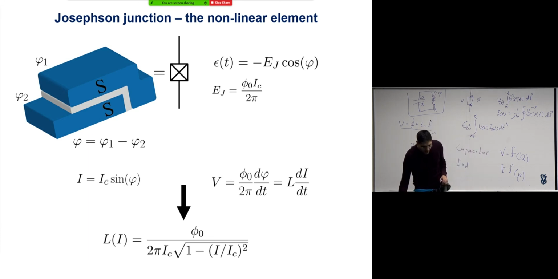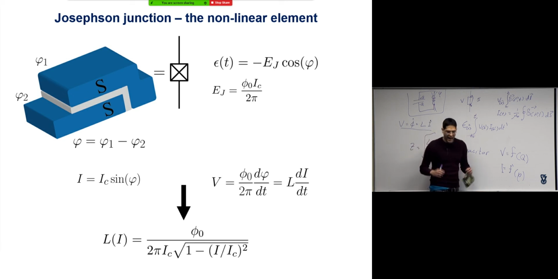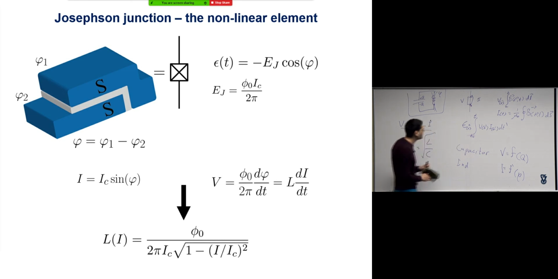And this story will eventually lead us to what is written over here, the simplified circuit idea of how it works. But I really want to give you a little bit of detail on how to think of a Josephson junction.